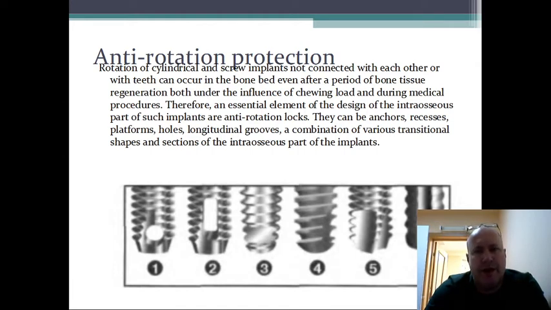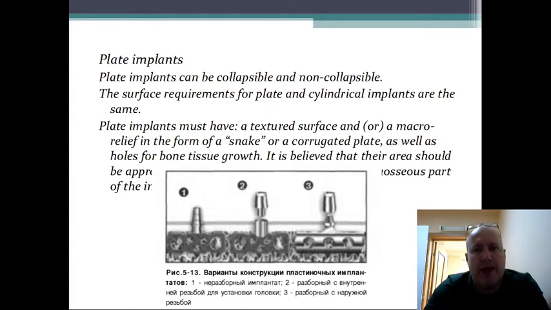Therefore, an essential element of the design of the intraosseous part of such implants is anti-rotation locks. They can be anchors, recesses, platforms, holes, longitudinal grooves, combinations of various transitional shapes, and sections of the intraosseous parts of implants.